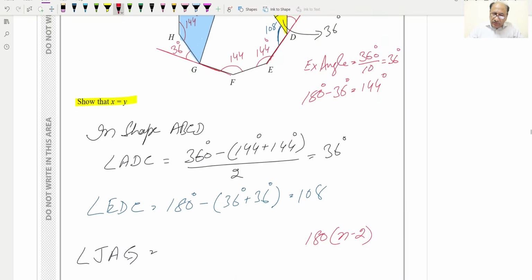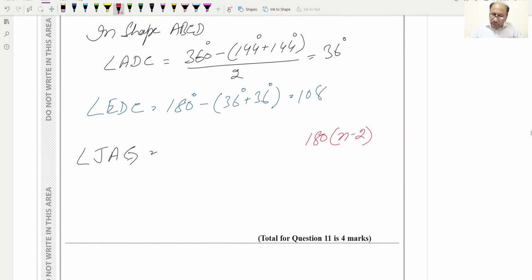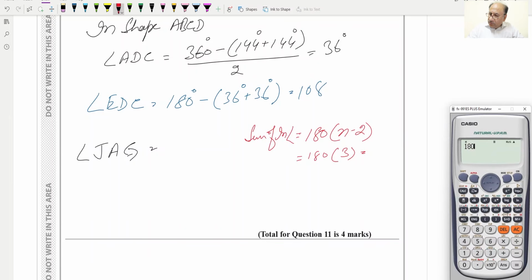With 5 sides, the sum of interior angles is 180 into 5 minus 2, which is 3, so 180 into 3 is equal to 540.